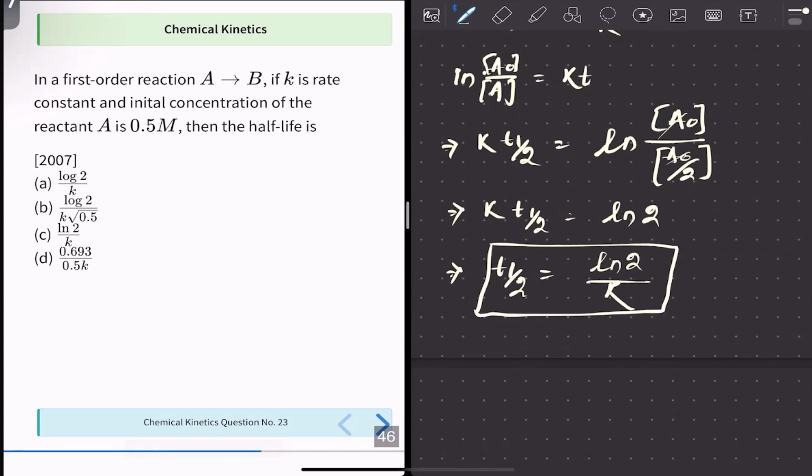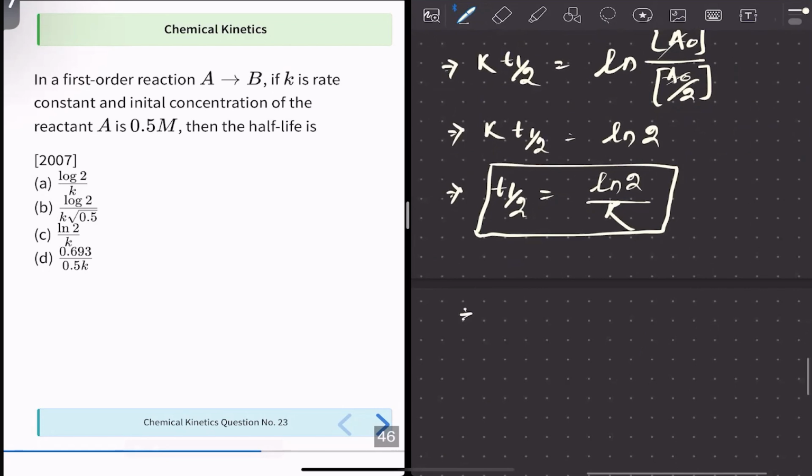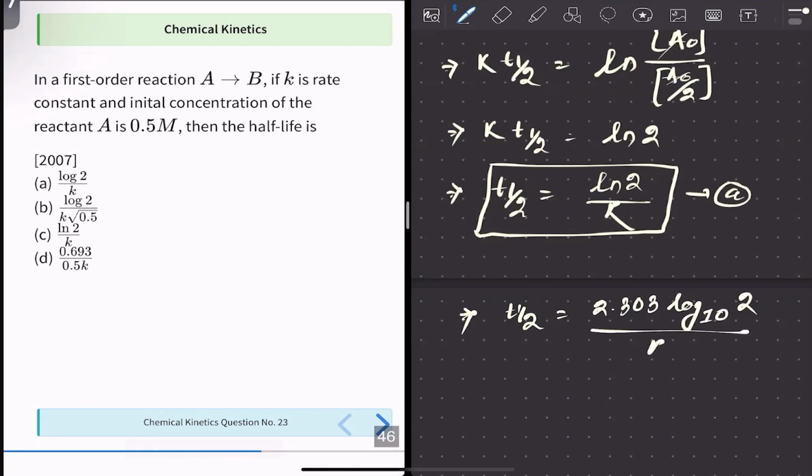The option A will be correct. If we write option A, but if we write in the form of log 10, then it will be 2.303 log 10 2 divided by 2.303 into 0.3010.